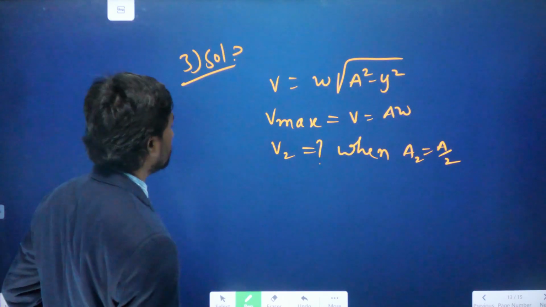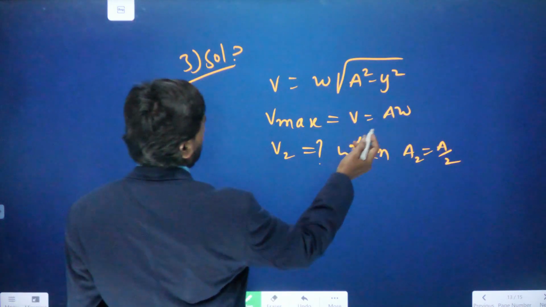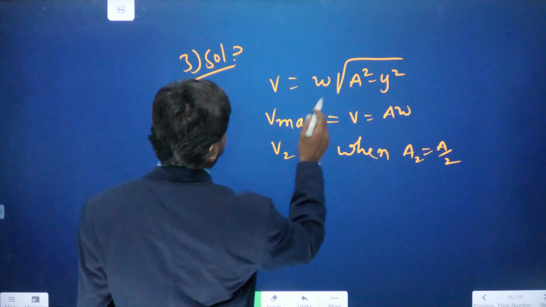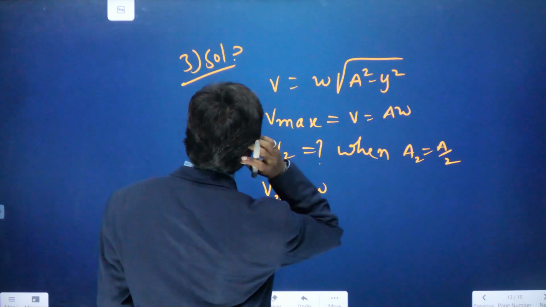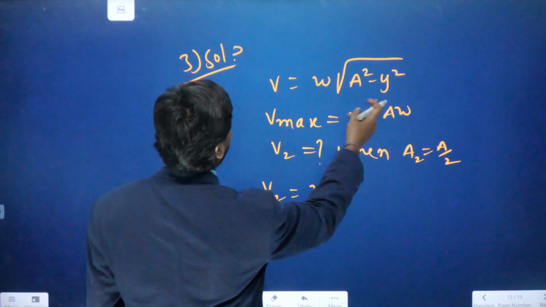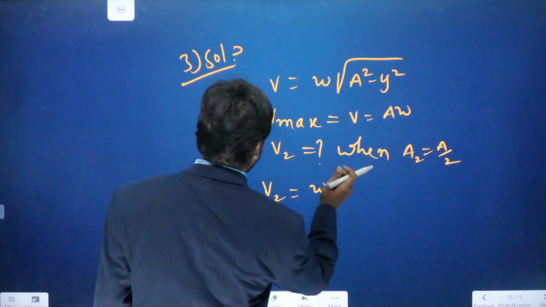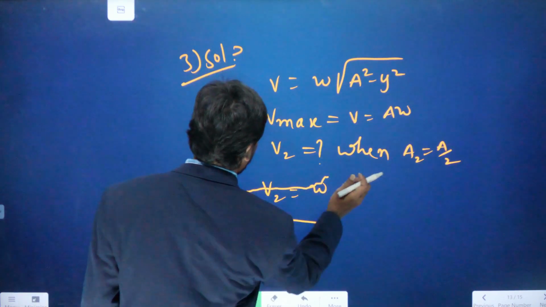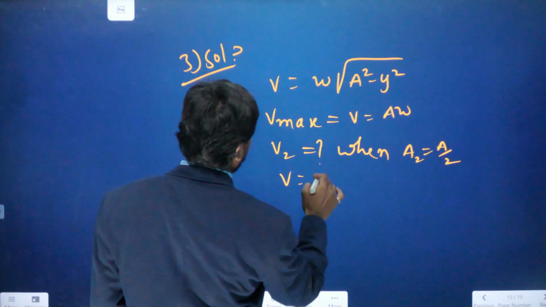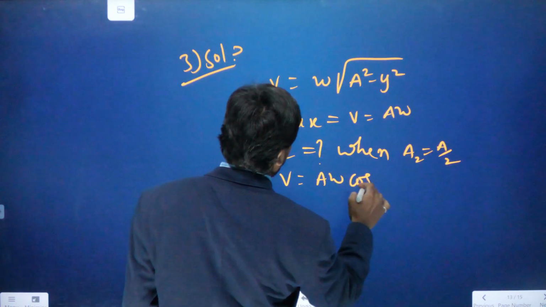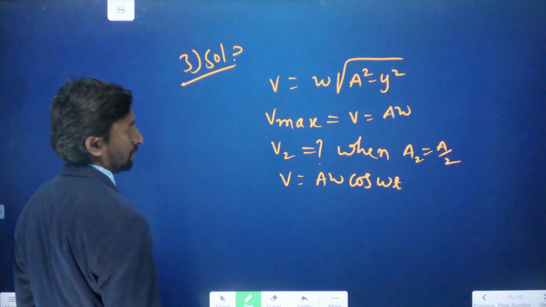V2 is equal to omega into the half amplitude. We can also write V equals A omega cos omega t.